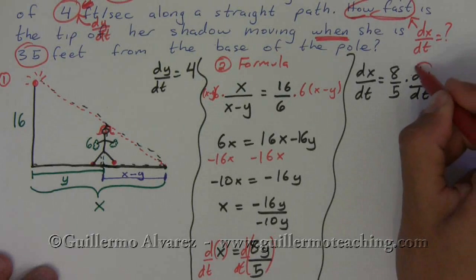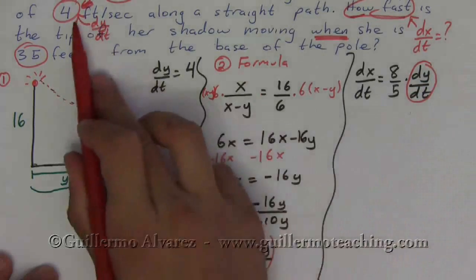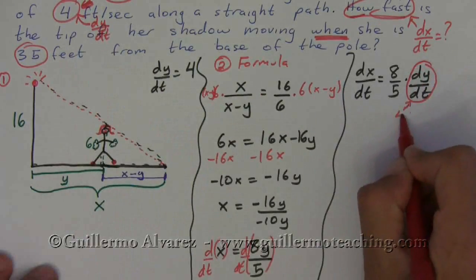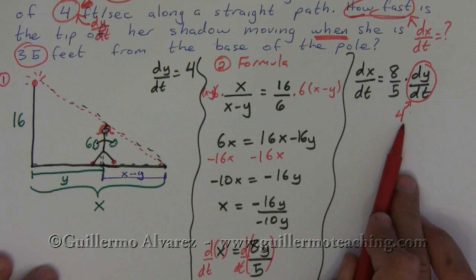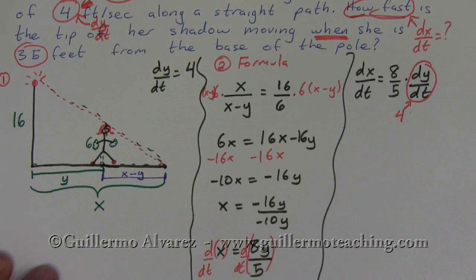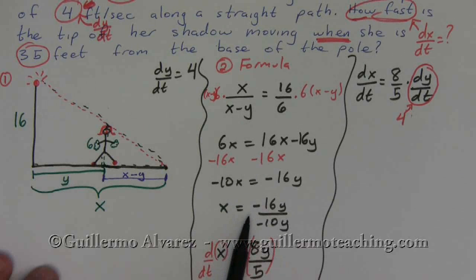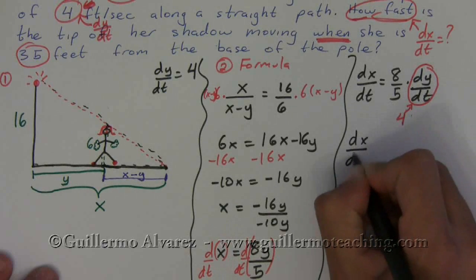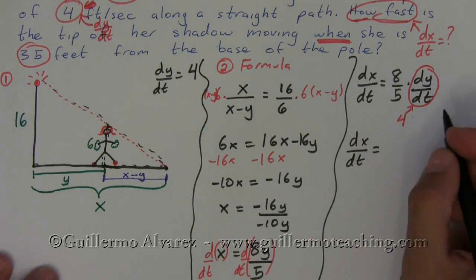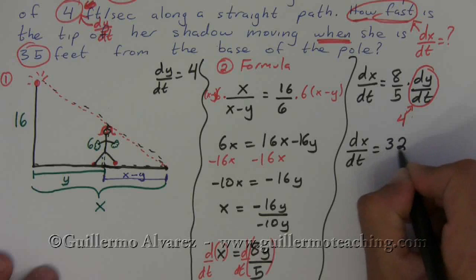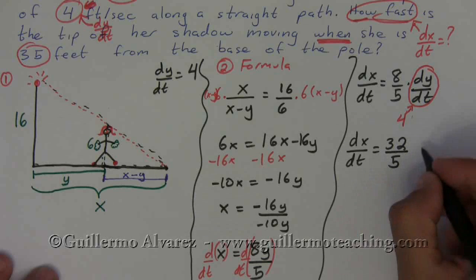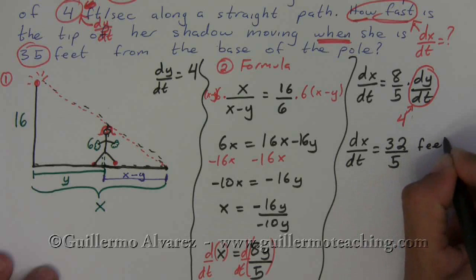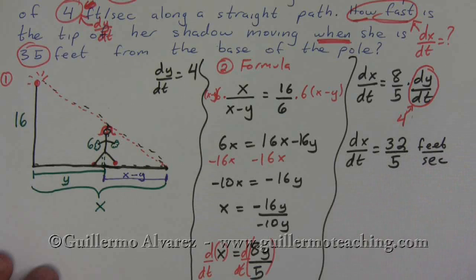But notice that I know what this is. I had it before. It's right here. So the interesting part about this problem is that it's deceptively easy. Because you see, once you have everything labeled, you have the similar triangles relationship, the derivative of x with respect to time, which is what we're looking for, is just 32 over 5 feet per second.